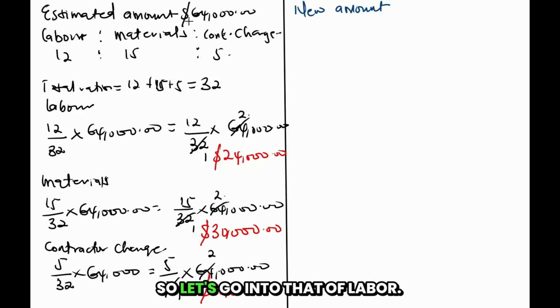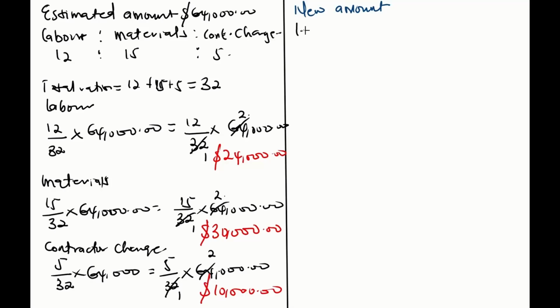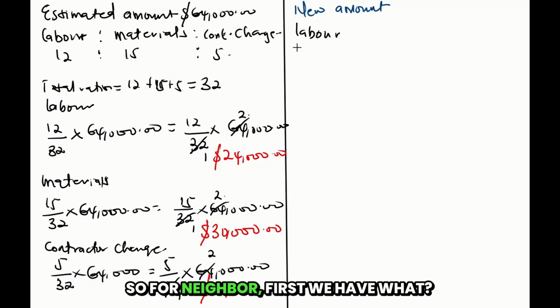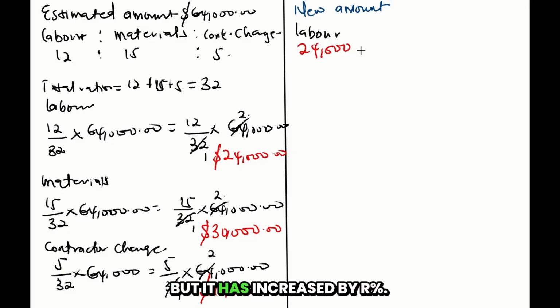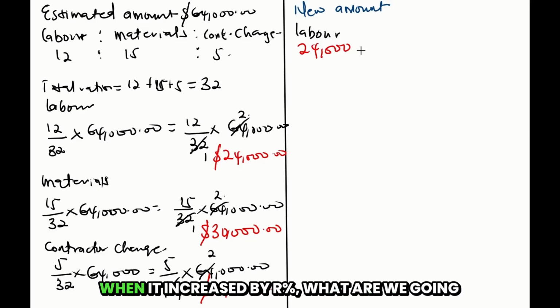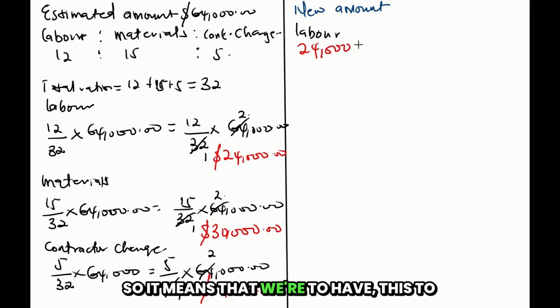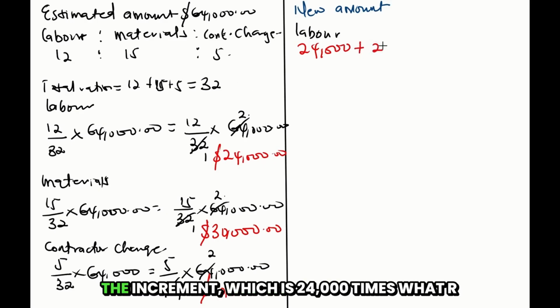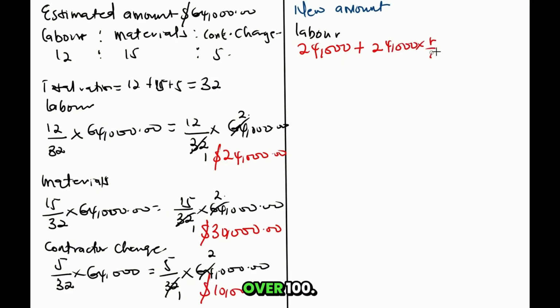So let's go into that of labor. For labor, first we have $24,000. But it has increased by R%. When it increased by R%, what are we going to have? We're going to add to it the increment, which is 24,000 times R over 100.